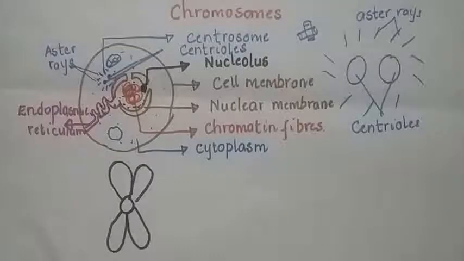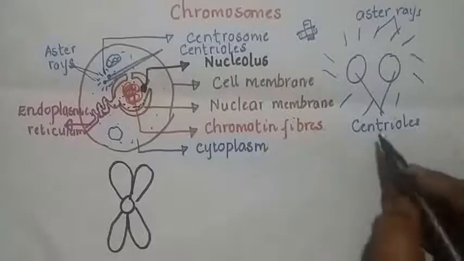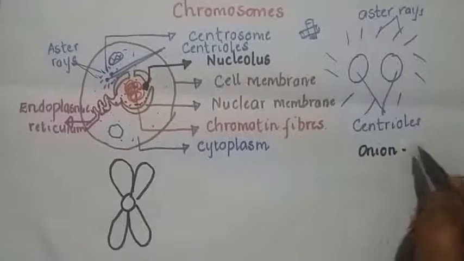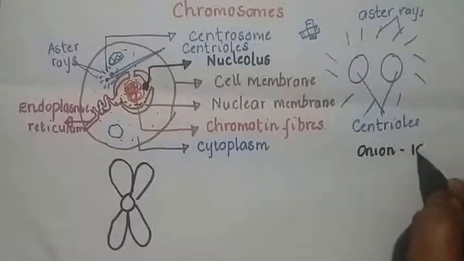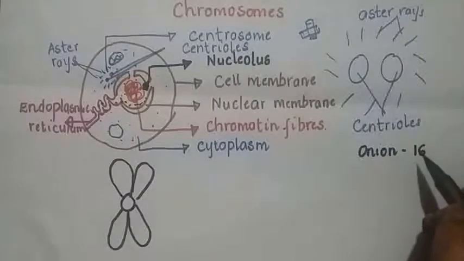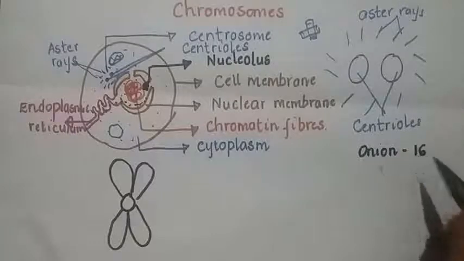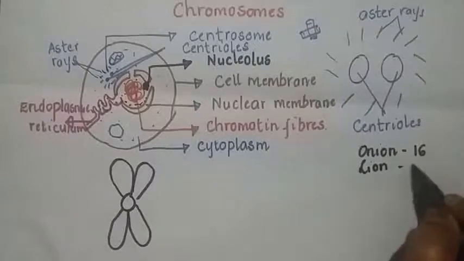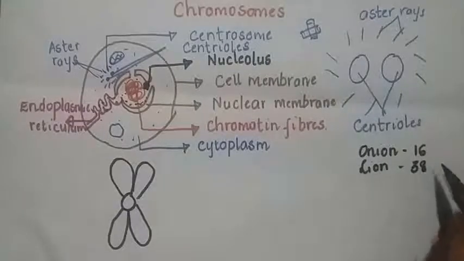Now take an example. In case of onion, there are 16 chromosomes. In case of a lion, there are 38 chromosomes.